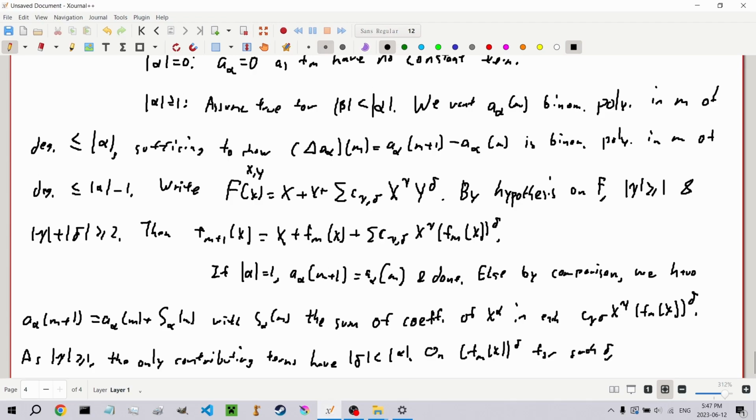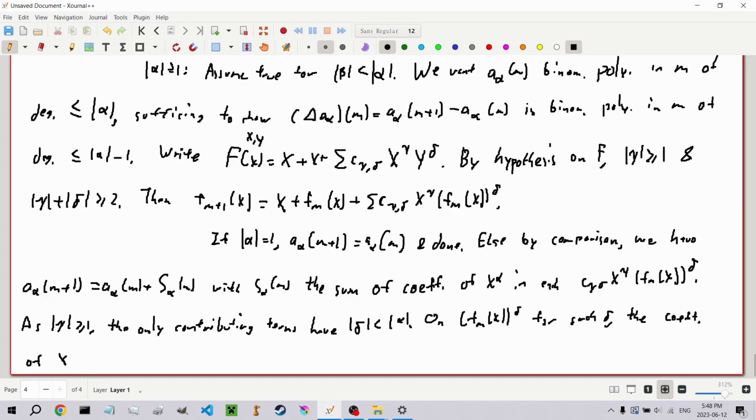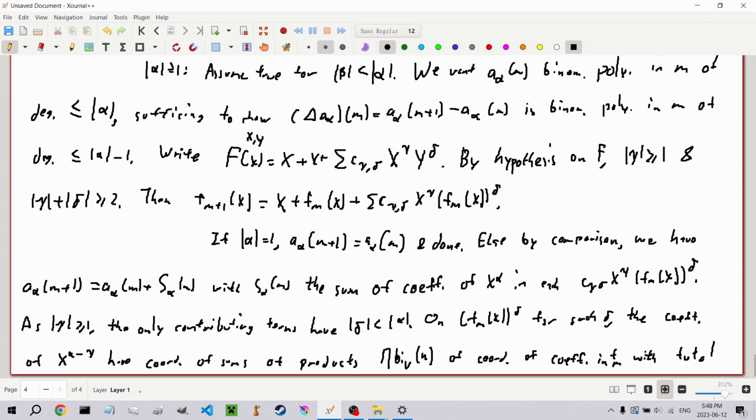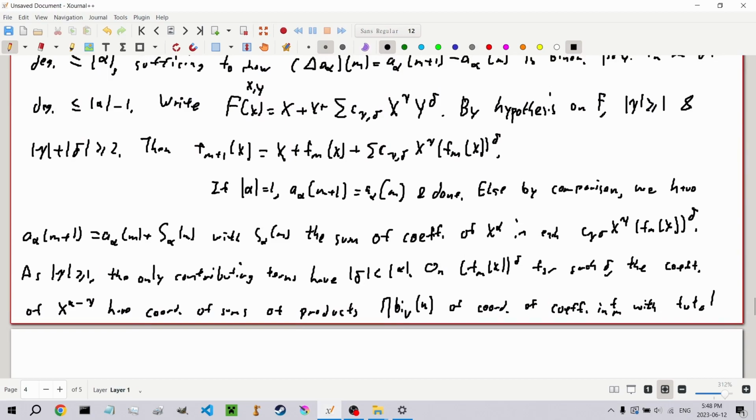For such delta, the coefficients of x^(alpha minus gamma) have coordinates of the sum of products, product over b_i indexed by our sum nu of m, of coordinates of coefficients in f^m with total degree being at most I_nu.